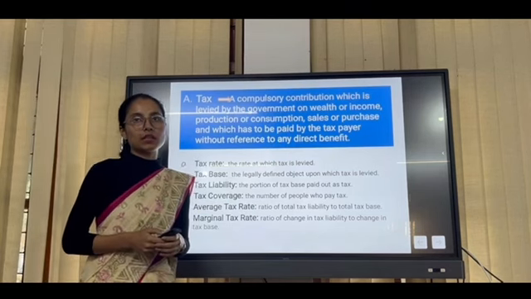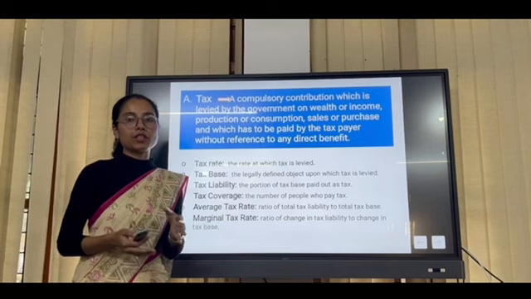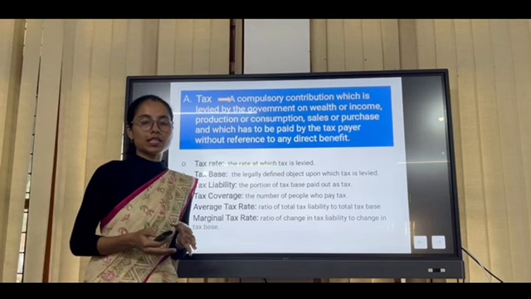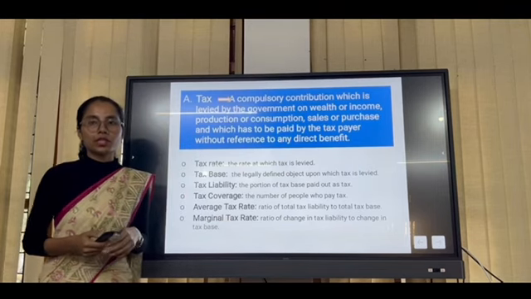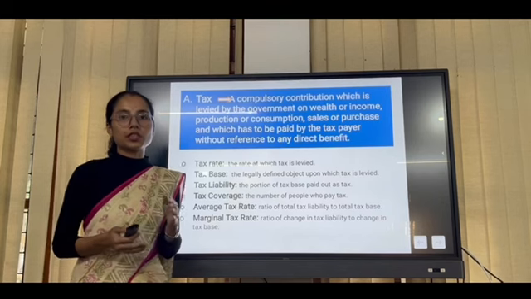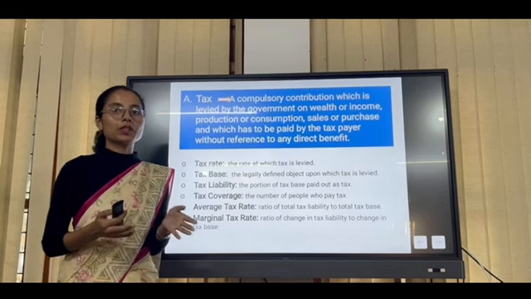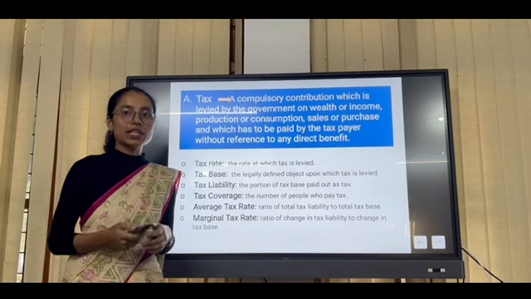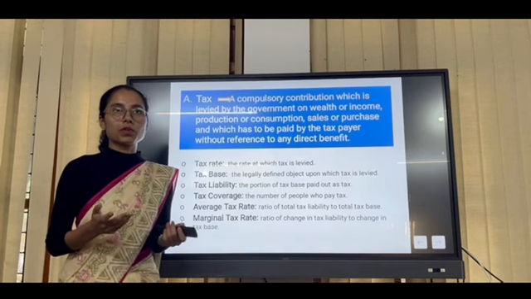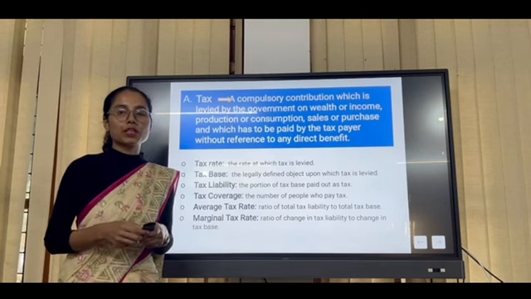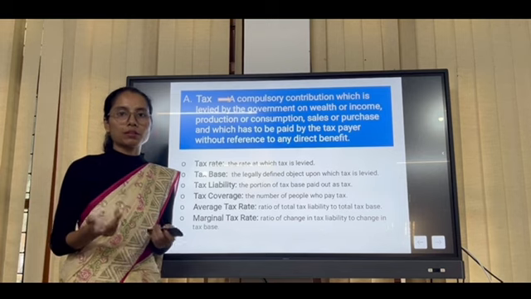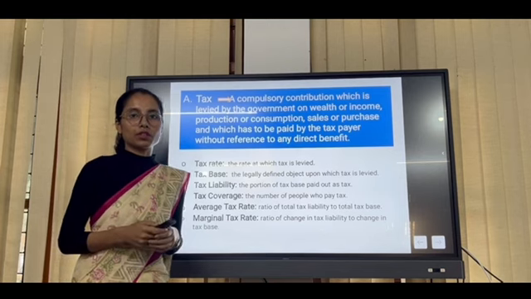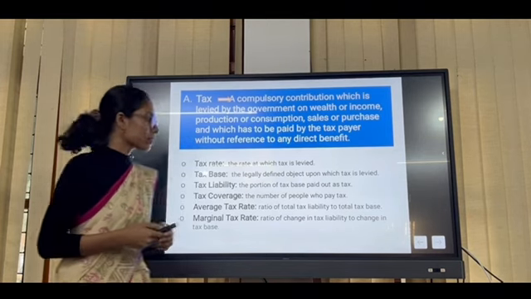That is, there are some ranges in the tax system where it is particularly mentioned that a certain part of the society will not have to pay tax. Suppose from 0 to 3 lakhs per annum, people are not required to pay tax.